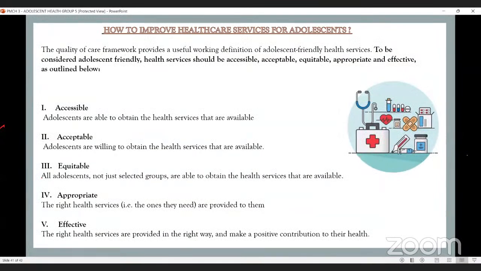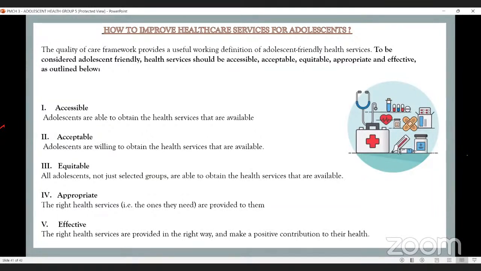How to improve healthcare services for adolescents. The quality of care framework provides a useful working definition of adolescent-friendly health services. To be considered adolescent-friendly, health services should be accessible, acceptable, equitable, appropriate, and effective, as outlined below. Number 1, accessible: adolescents are able to obtain the health services that are available.